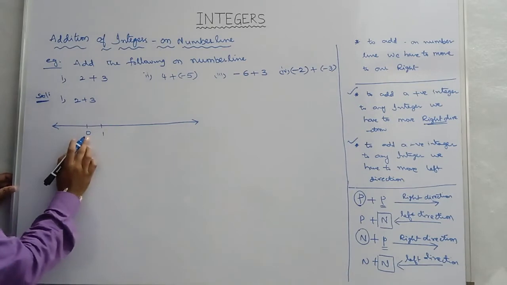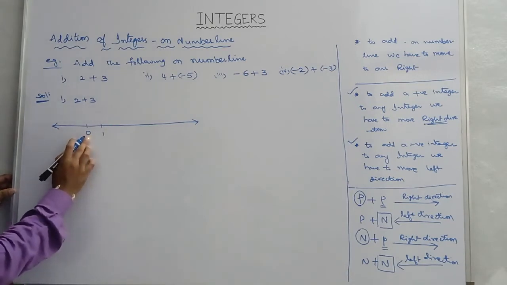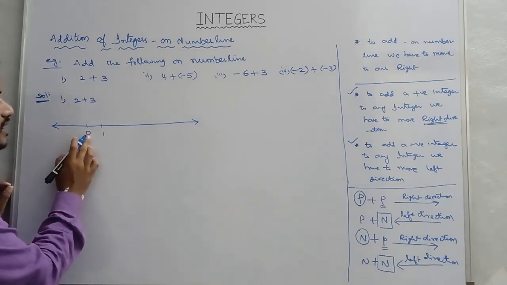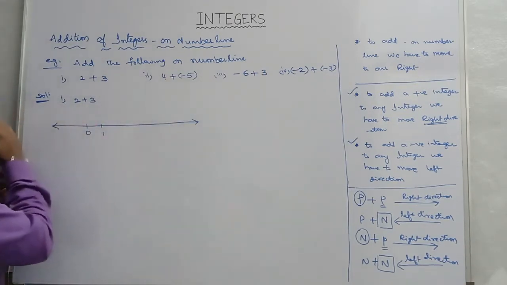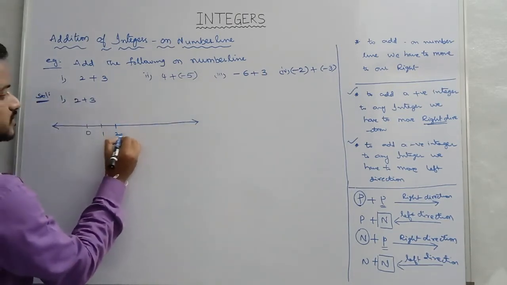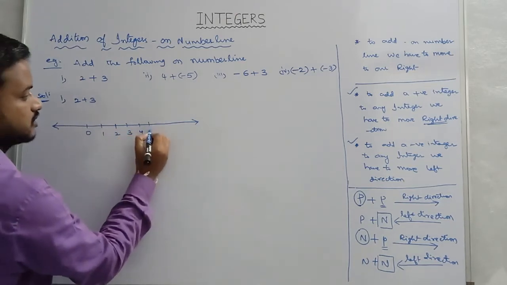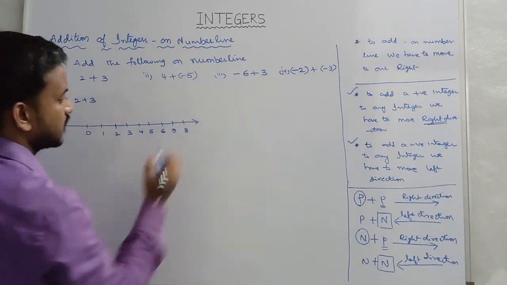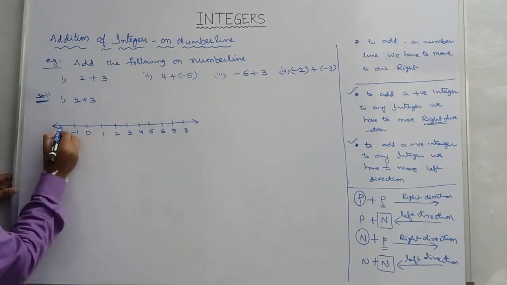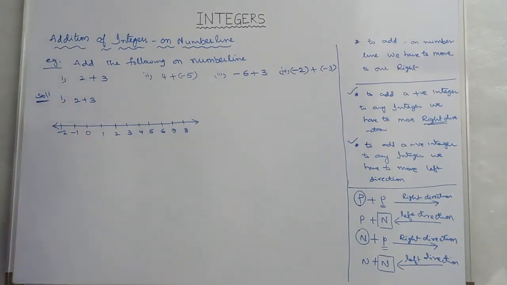So anywhere on the number line you have to identify a point, and that is identified as 0. Right side of 0 all are positive, left side of 0 all are negative. Okay, 5, 6, 7, 8 and so on, and left side -1, -2 and so on. Okay.